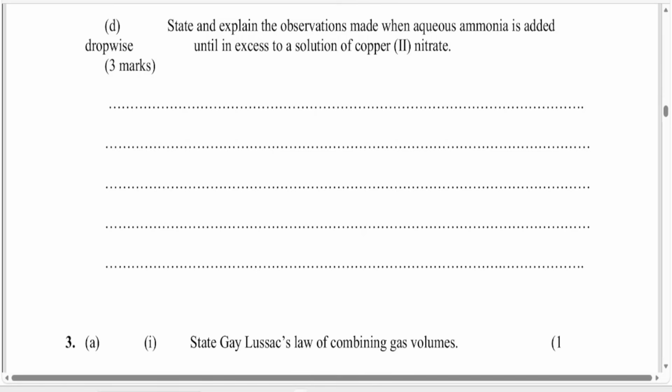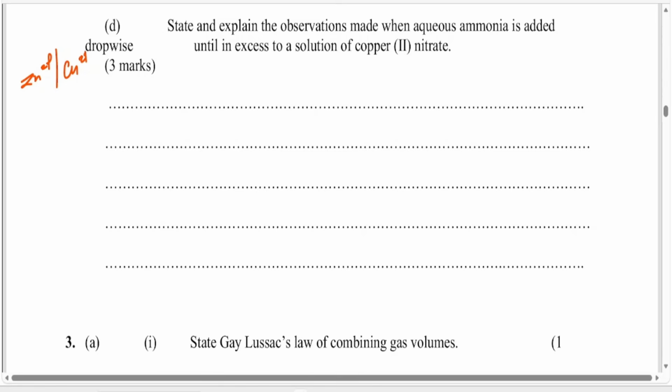Aqueous ammonia is used to test the presence of zinc ions and also copper 2 ions. When I add a few drops of ammonia solution and a white precipitate is seen, then I cannot make a conclusion because very many ions form a white precipitate with a few drops of ammonia solution.